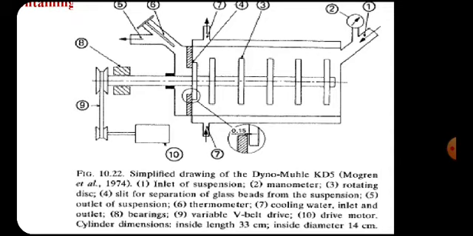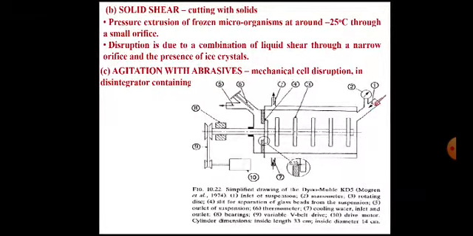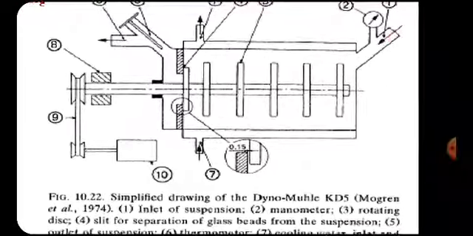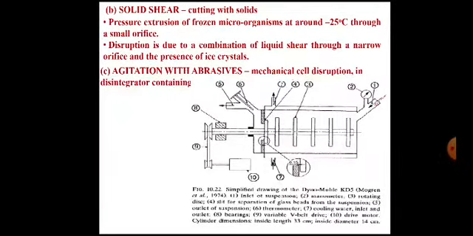Number 1 is the inlet for the microbial suspension. Number 2 is the manometer that monitors the flow rate of the passage of slurry.